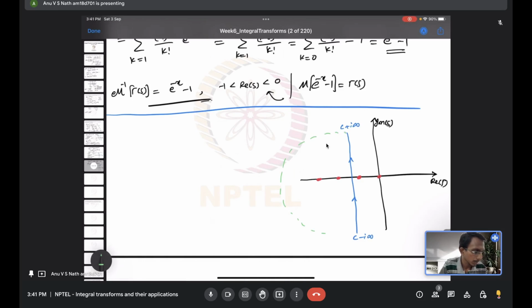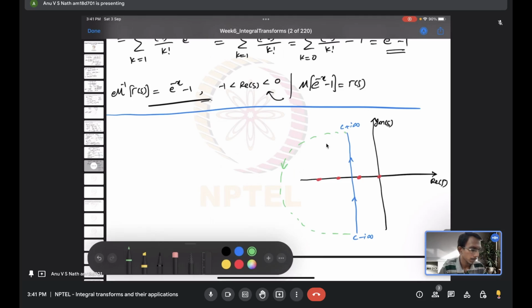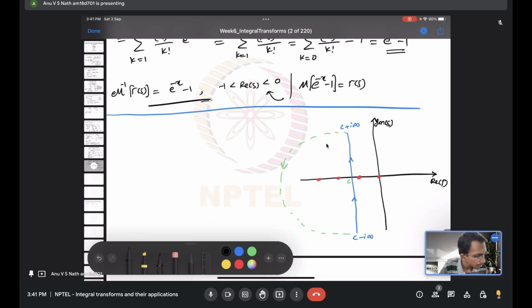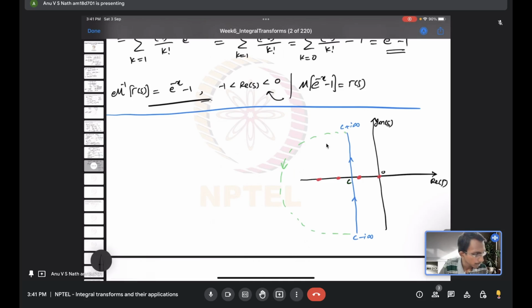Nothing changed, only the location of c is changed. So this is c, this is 0, minus 1, minus 2, minus 3. Now we say that c lies between minus 1 and minus 2.